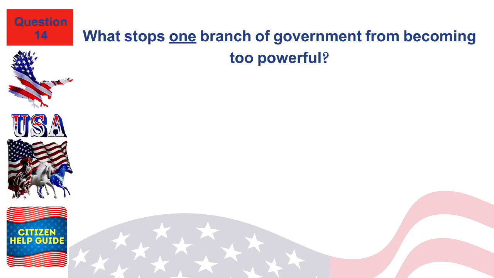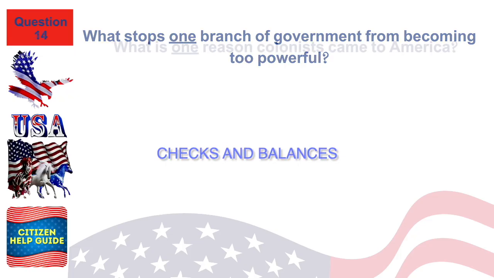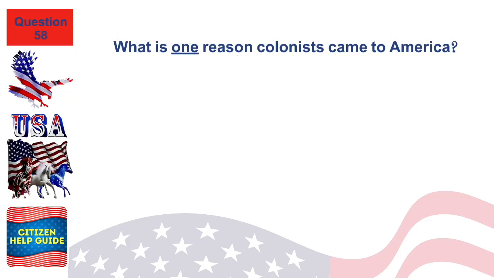What stops one branch of government from becoming too powerful? Checks and balances. What is one reason colonists came to America?